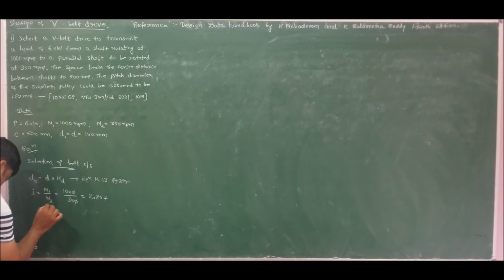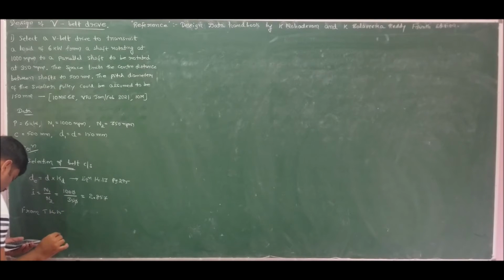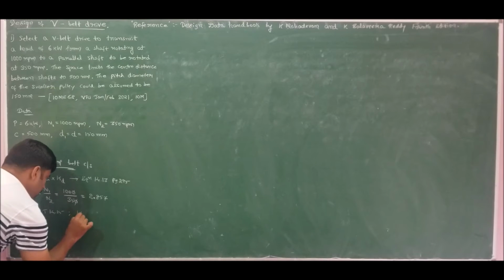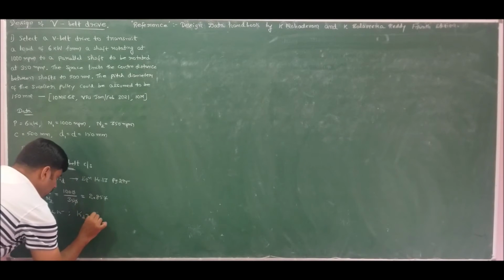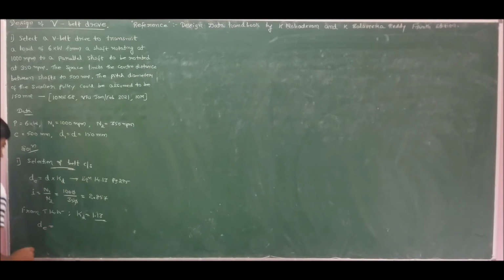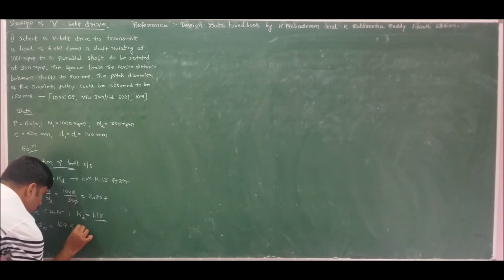Now, referring to table 14.15, for i equal to 2.857, the value of Kd turns out to be 1.13. Therefore, the equivalent diameter is 150 times 1.13, which is 169.5 mm.